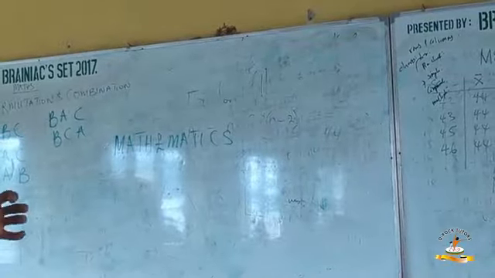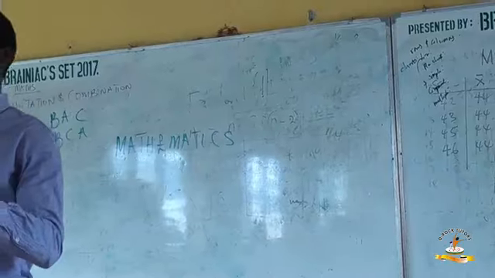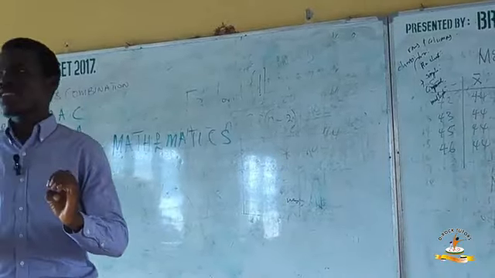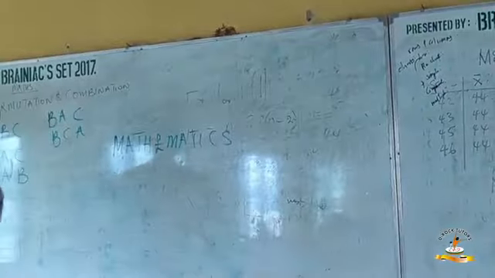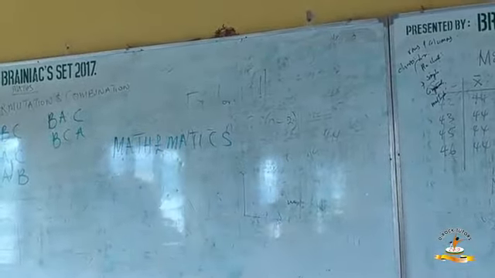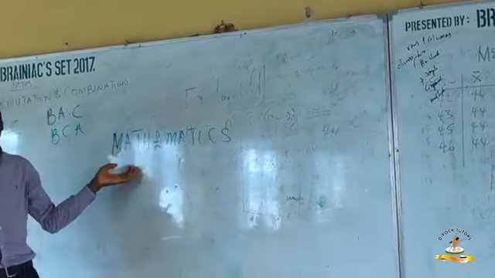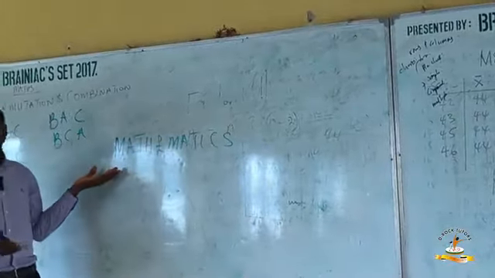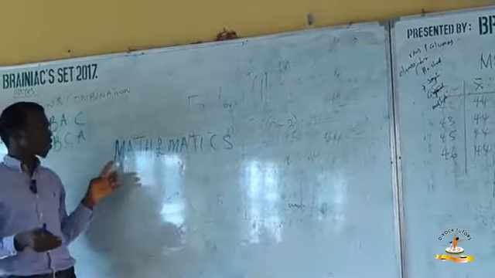So the question is, in how many ways can the letters in the word mathematics be arranged? And in this case, how do we go about it? We look at mathematics and say, oh, mathematics has some M's that are together. So we have two of the M's.